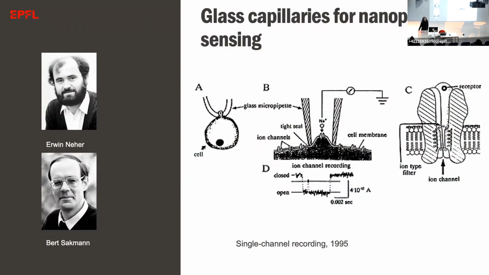They looked at the functioning of the ion channels using precisely these quartz or borosilicate pipettes. By patching the membranes, they could measure the activity of ion channels and really open up a new area of research that has, I think, revolutionized neuroscience.